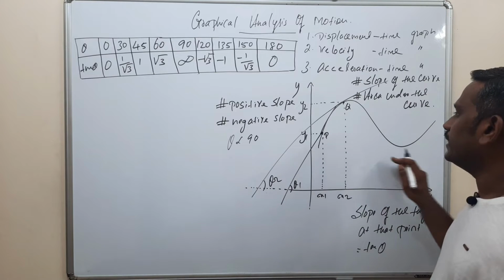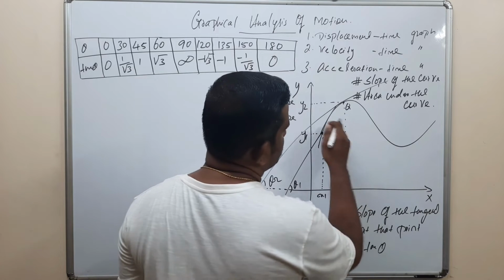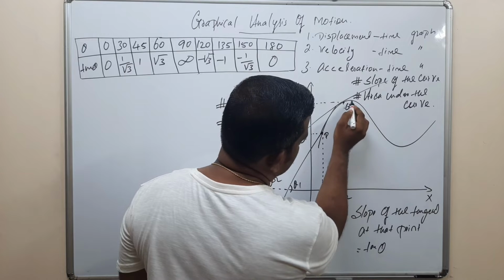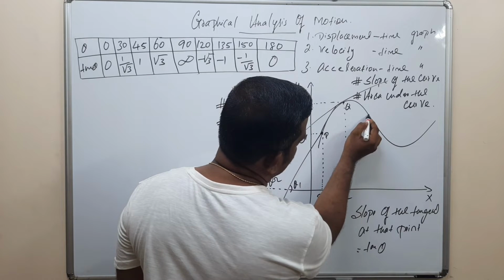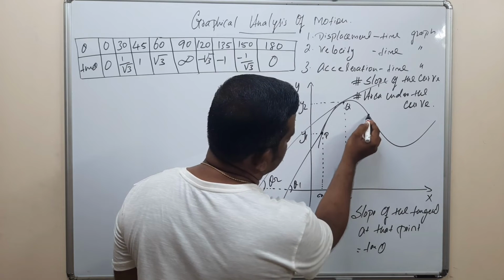If you draw a tangent at the decreasing portion of the curve, suppose this is the decreasing portion, at this point I am drawing one tangent.